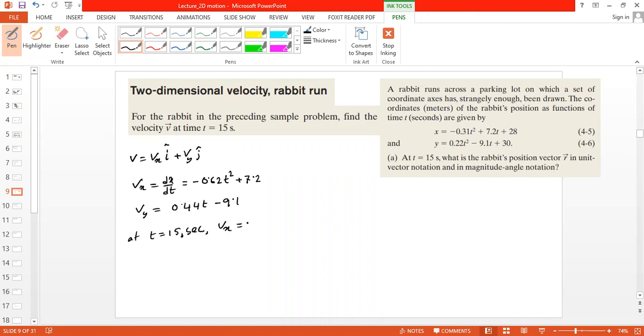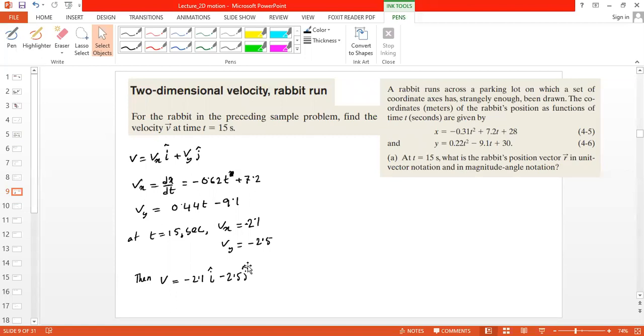I have to replace t by 15, that is minus 2.1, right? Yes. And what about Vy? Minus 2.5. I have to replace the value of t by 15. So finally we can say V equal to minus 2.1 i minus 2.5 j. And this is the velocity.